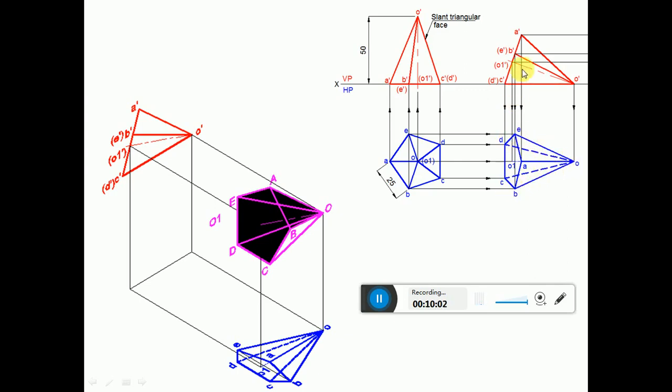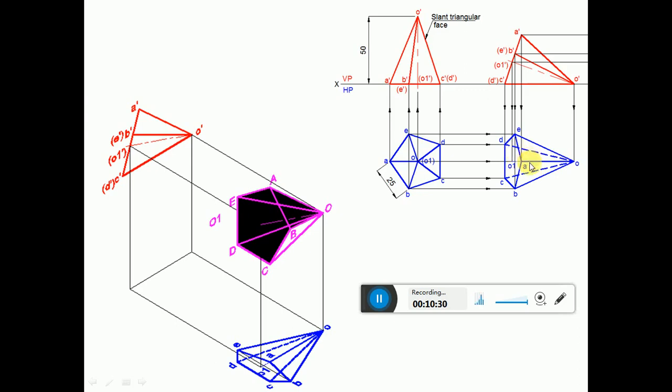Then, once you look from the top view, OA is nearer to the observer. That is also quite evident here in 3D, that when OCB is resting on HP, you can see OA is near to the observer, so OA will become visible. So you darken OA.